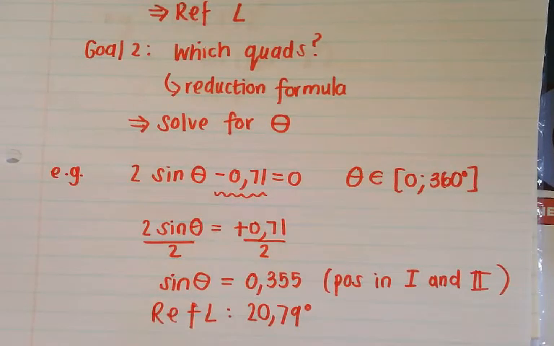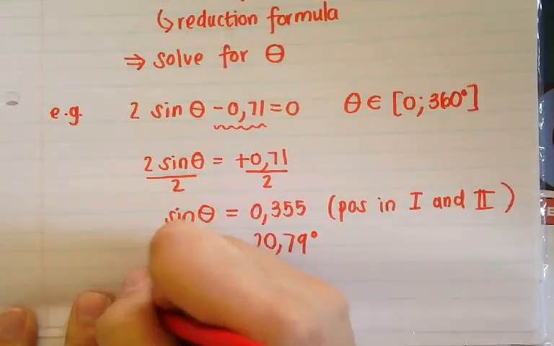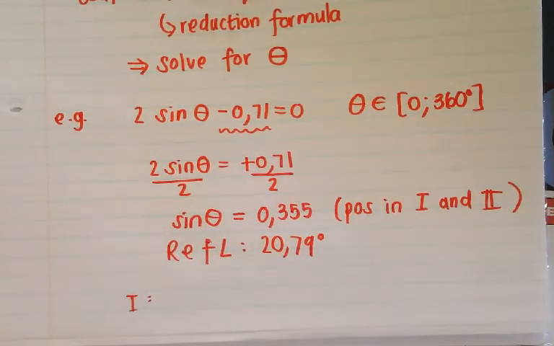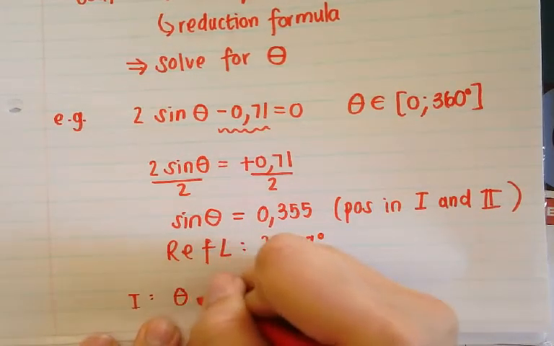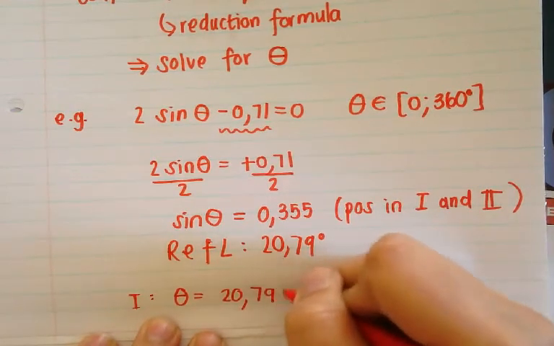Let's do quadrant 1 first. What is my reduction formula in quadrant 1 if I have not gone over 360? It's just theta itself, right? Nothing has changed. So in quadrant 1, my angle is 20,79 degrees.